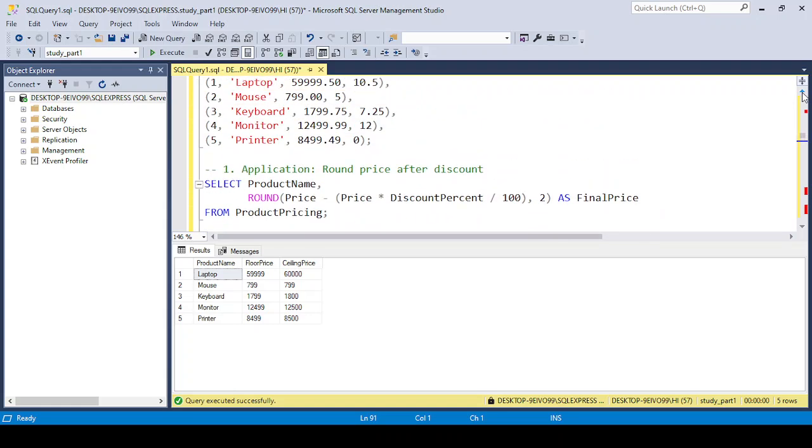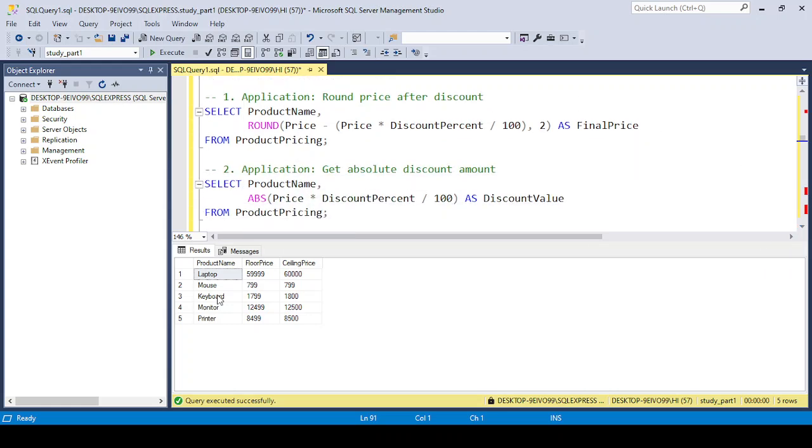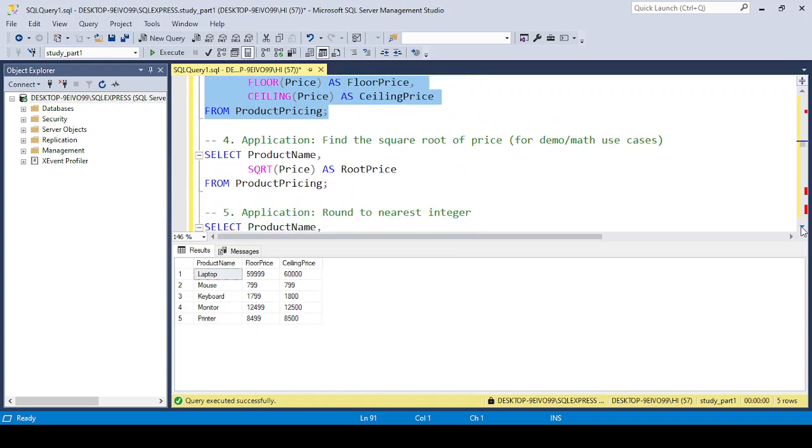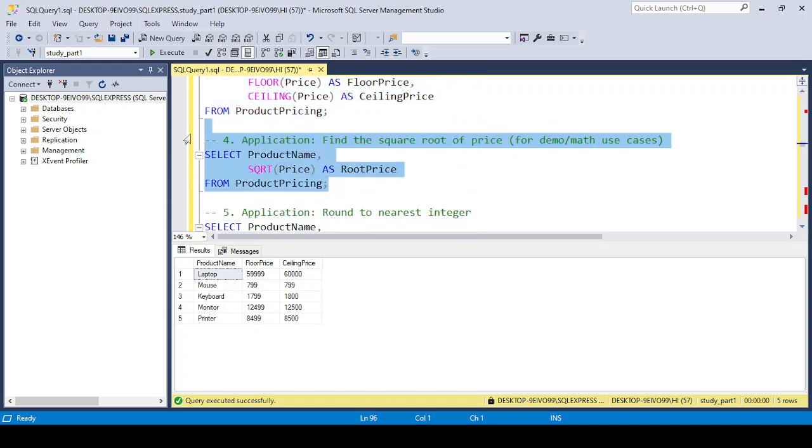See, wherever the value is 799.00, there the floor and the ceiling is giving me the same value, but in this case it is 8499 and 8500. Let us see what will be the square root for the price, which is only for demo, and it wouldn't make any sense, but still here it is 244.